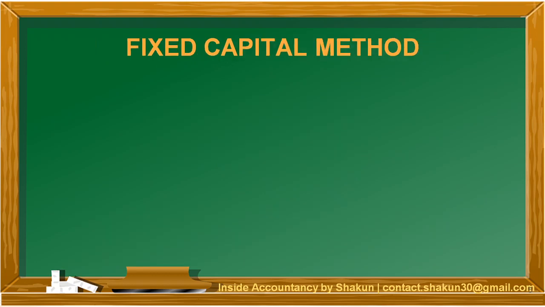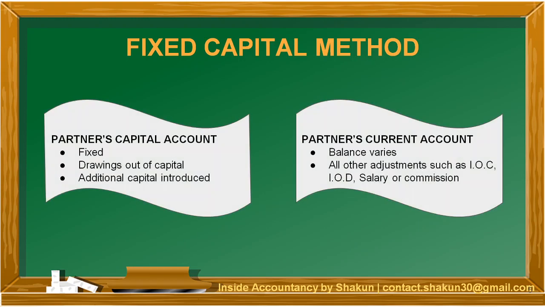Now let's talk about the second method, that is fixed capital method. The fixed capital means that the capital invested by each partner in the firm remains fixed or unaltered unless a partner introduces additional capital or withdraws out of his or her capital.